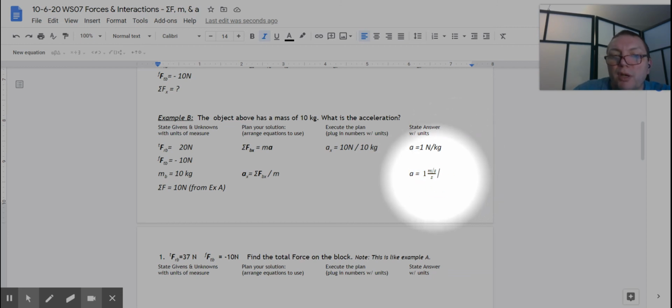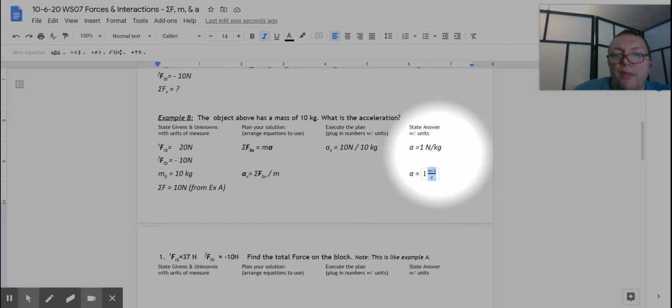That means that the velocity changes by 1 meter per second every second it moves. So if it starts out going 0 meters per second, 1 second later it'd be going 1 meter per second. A second later, 2 meters per second. 1 second later, it's 3 meters per second. And it just gradually speeds up as it goes. So that's the way these accelerations work.